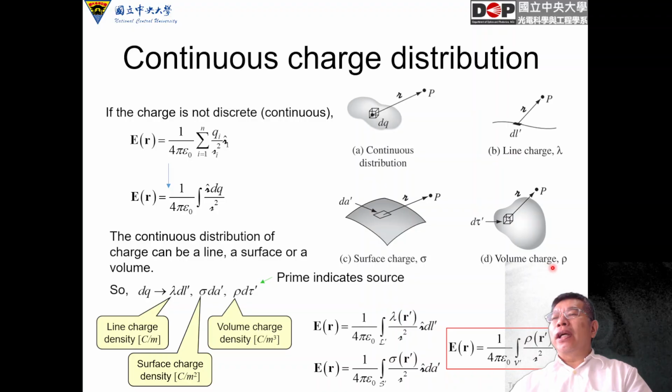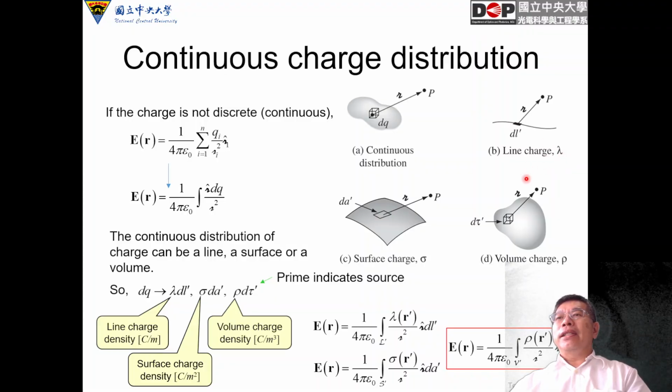And for the volume charge, we use the volume charge density, inside this volume. We'll have the same geometry. So here, lambda, sigma, and rho represent the charge densities.